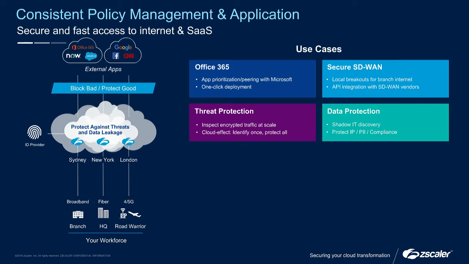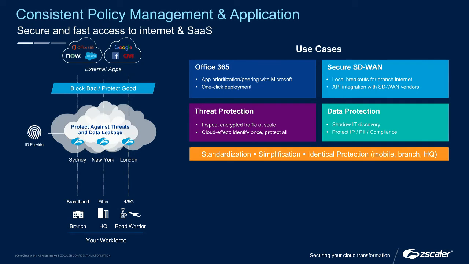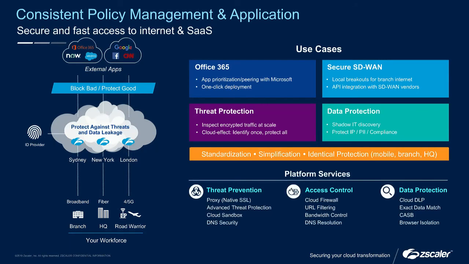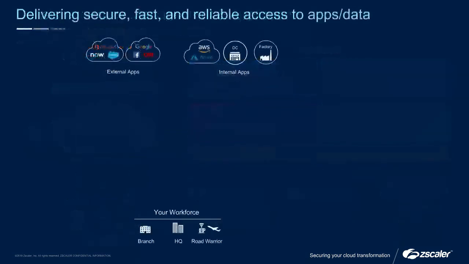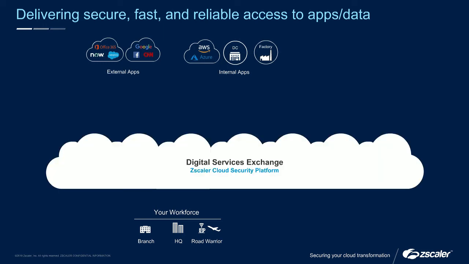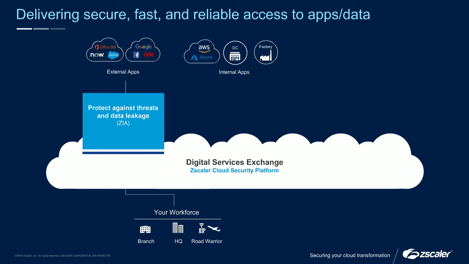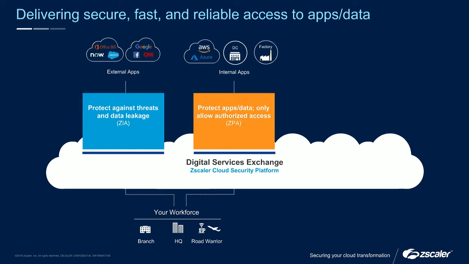And it should be a platform. That platform should allow you to underpin security while also doing things like threat prevention, access control, and data protection, as I've mentioned. And if we look at how this platform should work ideally, effectively, again, considering your workforce, they can be pretty much anywhere. They should be able to take advantage of inbound and outbound security, access to resources that you consider internal while still being secure, and again, not over your network, but over the internet.